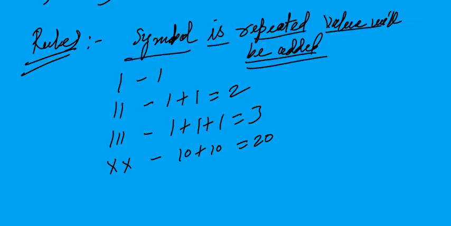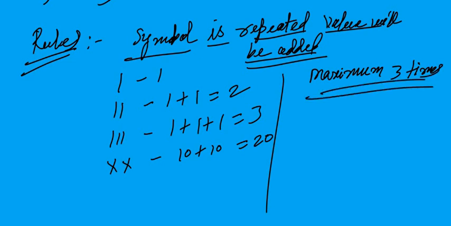But next rule is, a symbol will be repeated how many times? So second rule will tell a symbol will be repeated maximum 3 times. Only 3 times. Not more than 3 times any symbol will be repeated. So the second rule is, a symbol is not repeated more than 3 times, but the symbols V, L and D are never repeated.